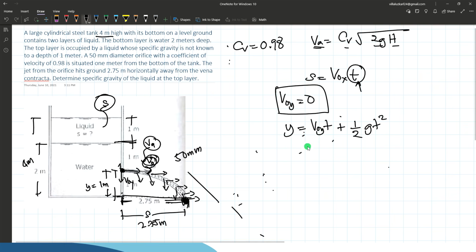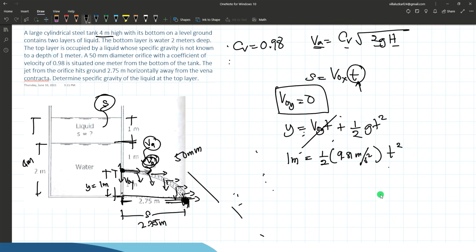Since our initial velocity along y is 0 and we have a y value of 1 meter, where 1/2 g is going downward, so positive 9.81 meters per second squared, and time raised to 2. So 1 meter divided by 1/2 of 9.81 meters per second squared equals t squared.